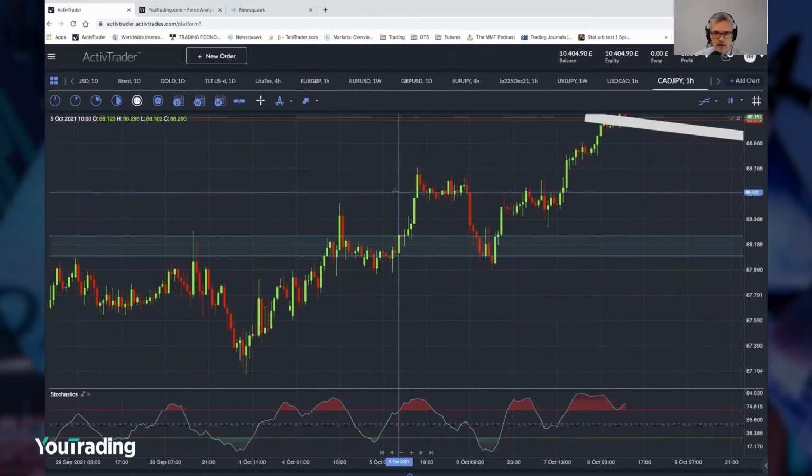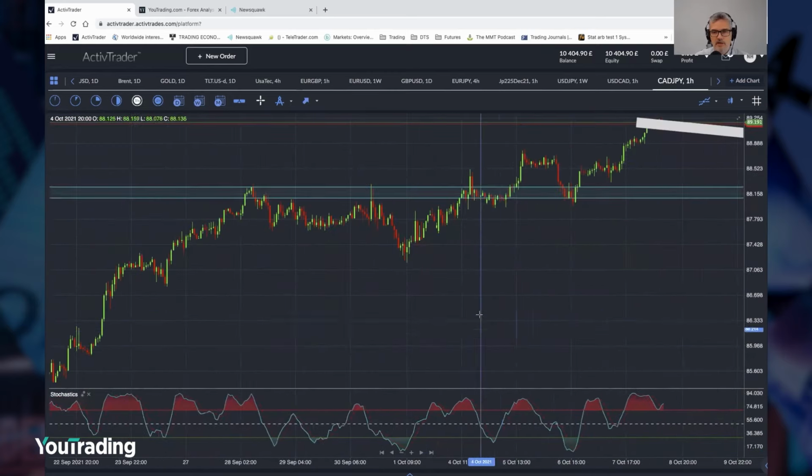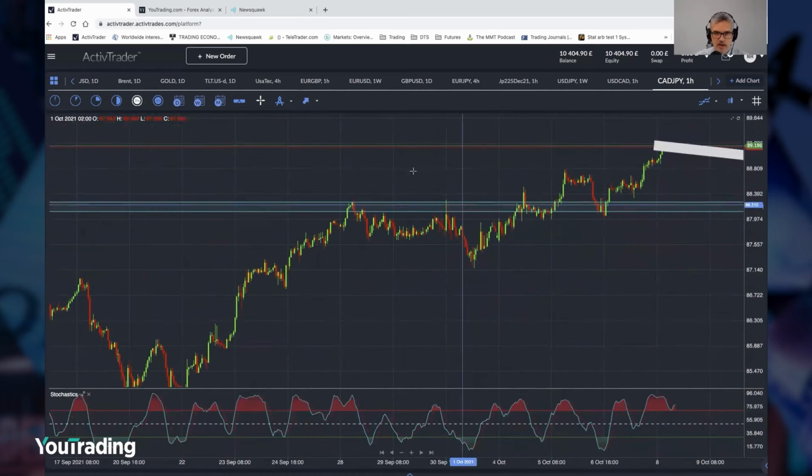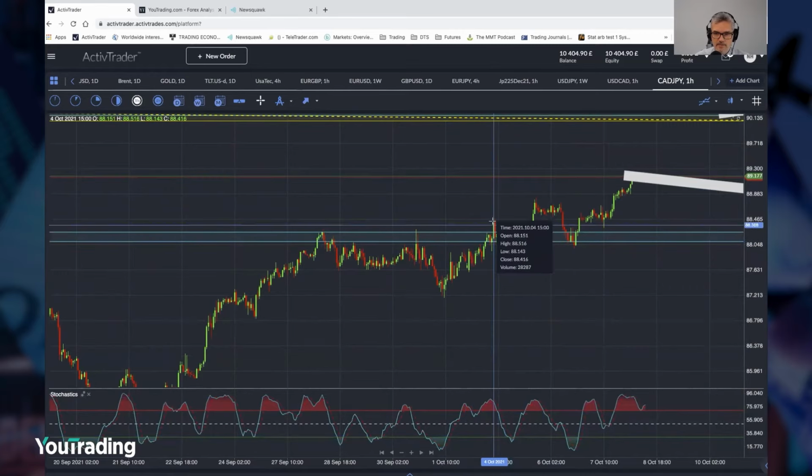Okay, so what am I looking for with a stochastic indicator? It's just a confirmation really of, if I'm thinking this level here between 88 and 88.2 is an area of resistance, I want to see that get broken properly. So, we go higher, we come back down. And then every time we get oversold, I could look to sort of buy.